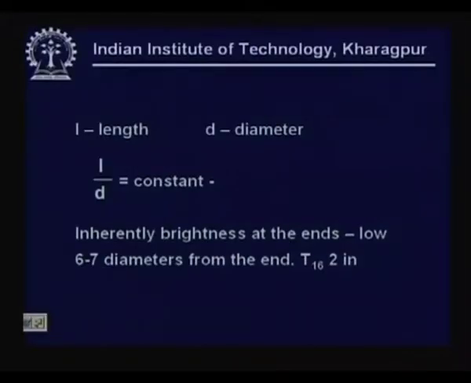Now, T16, I have shown, would mean, traditionally, in fact, the metric system, the French system was in use, which meant T16 would convert as a tube of a fluorescent lamp whose diameter is 2 inches.